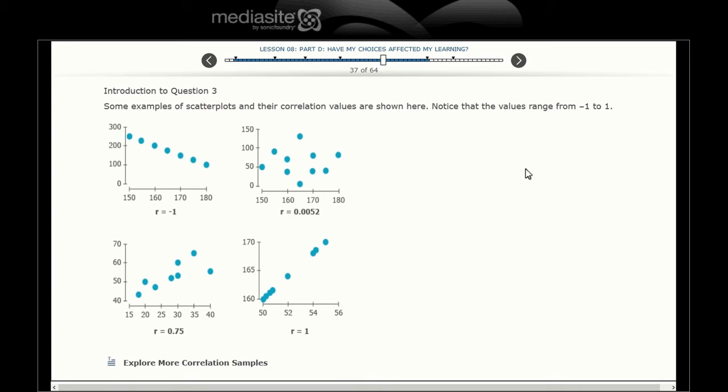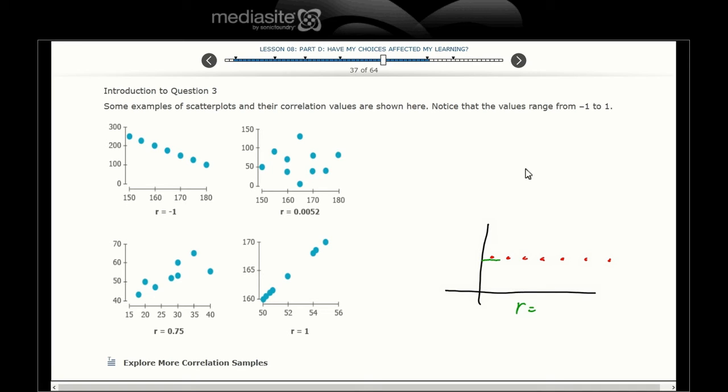Now here's a rub for you. It's an unusual one. What do you think this R would be? It's a nice straight line.